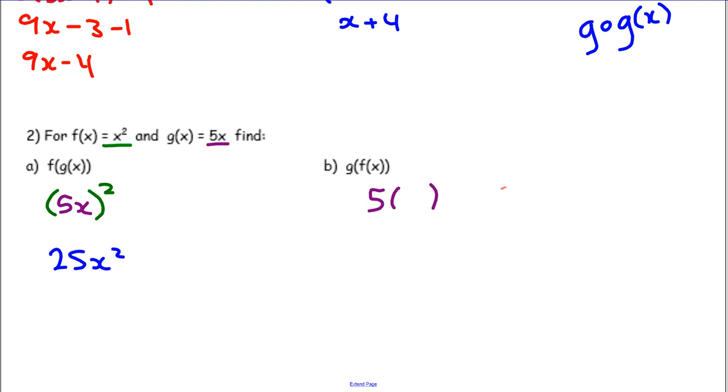So there's 5, and then replacing the x with x squared, the other thing. Is that 125x squared? No. Okay, good. That's 5x squared. And again, that could have been written as f of g of x. It could have also been written as g of f of x.